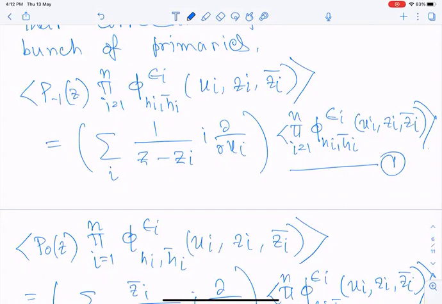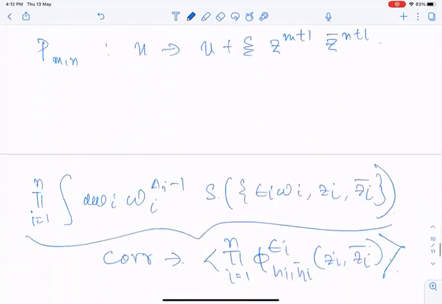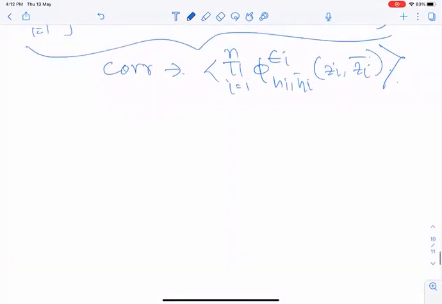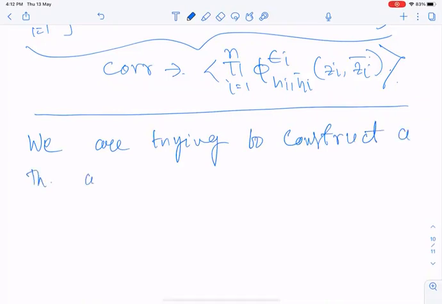What we are doing is trying to construct some kind of theory which has all these infinite dimensional symmetries.